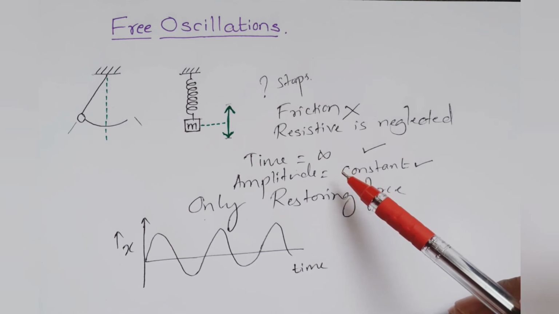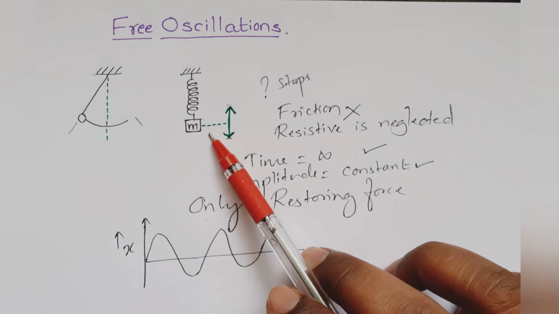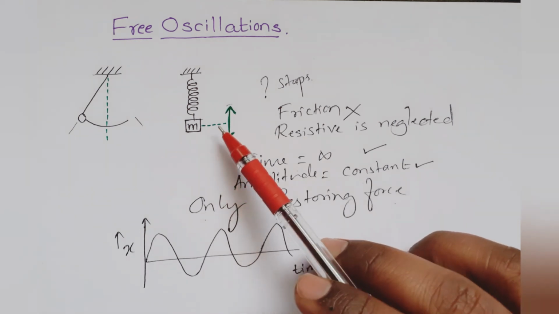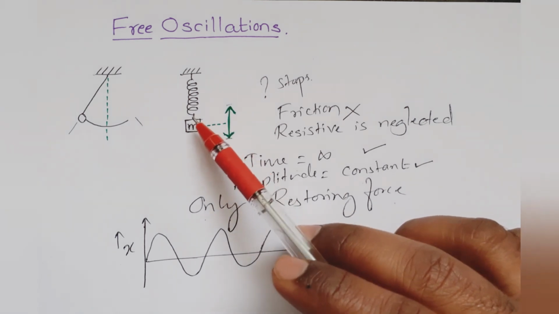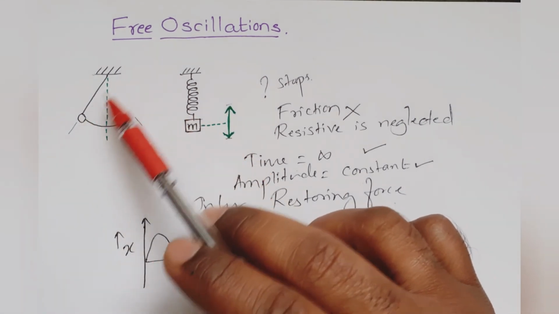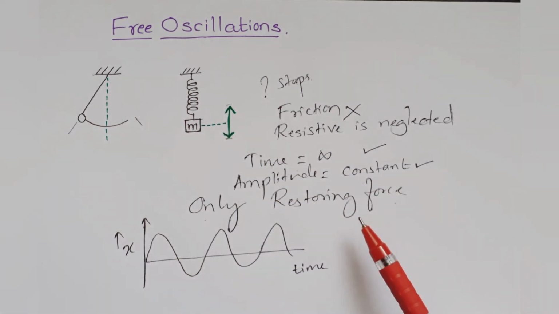This is an ideal condition which we have assumed, but no such examples exist in nature. One way or another there will be friction. We can reduce the friction, but we cannot make it equal to 0. There will be friction with the air at the pivot point, and with the sphere and the string.